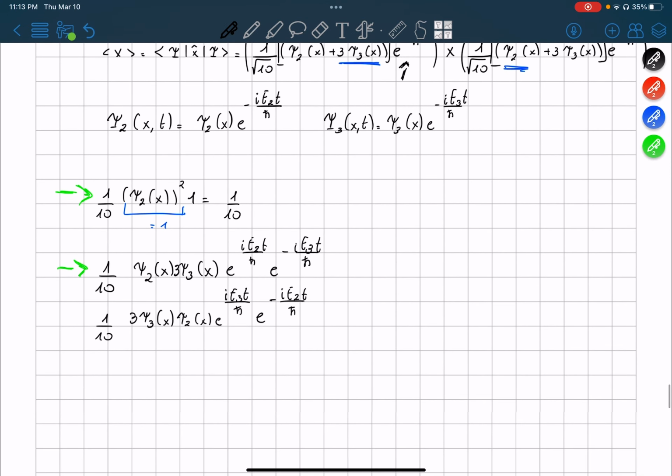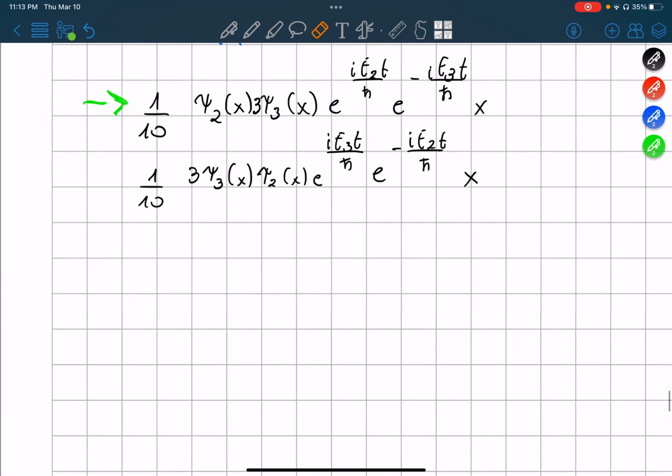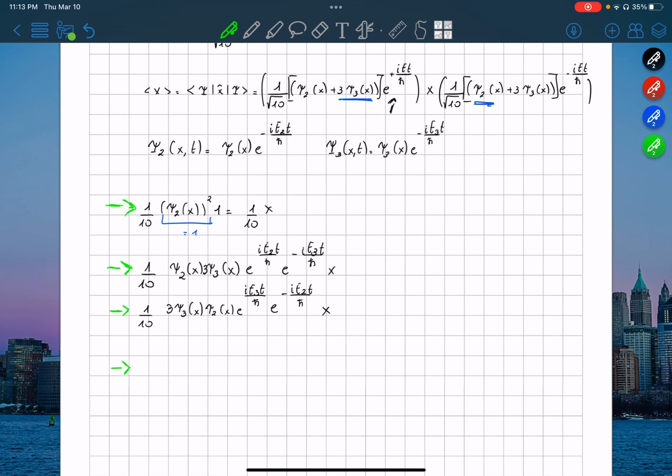So I'm going to add x over here, x over here, x over here, because it's the position operator. So this one is the third product, and I'm going to use the fourth, which is going to be equal to, let's cancel out the one that's here. So I'm going to have 3 psi 3, 3 psi 3.